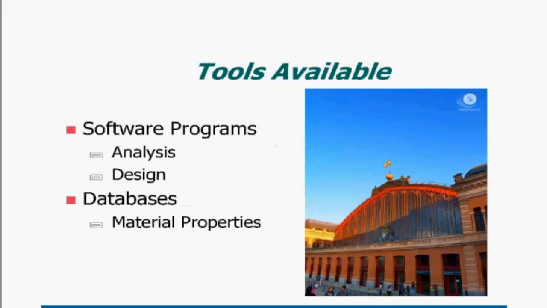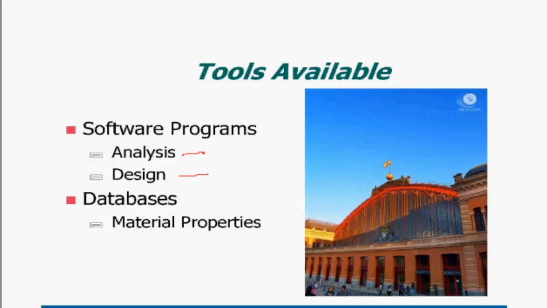Tools available: we have tools for analysis and design. We have two software packages available in the market, and there are many software available also in USA. Australia has its own software, but as mentioned, it is most traditional to use Staad Pro, and you can search on the internet to obtain more data about it. After I make the structure analysis, I define the load.